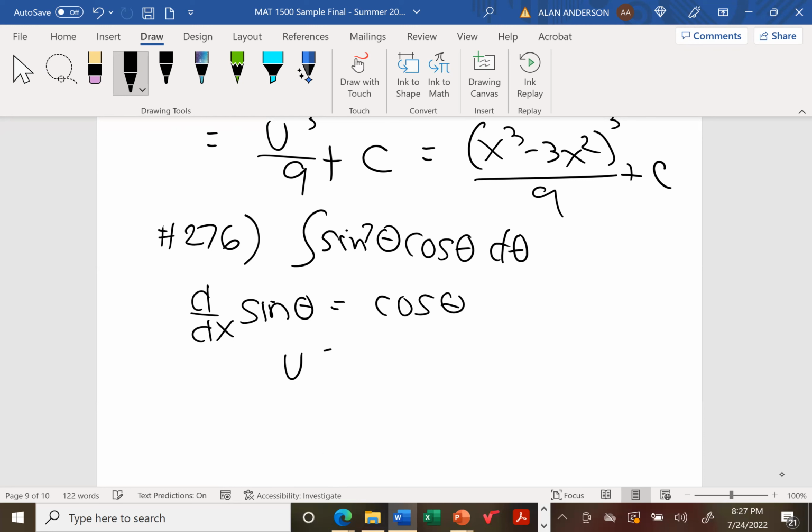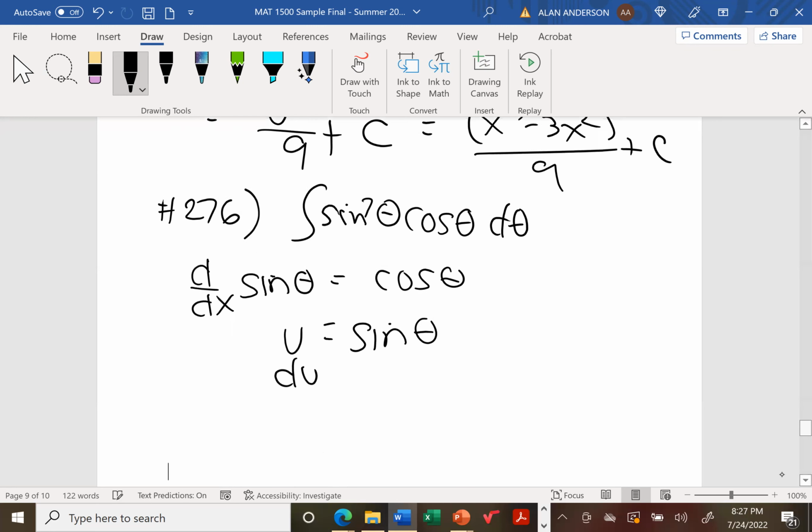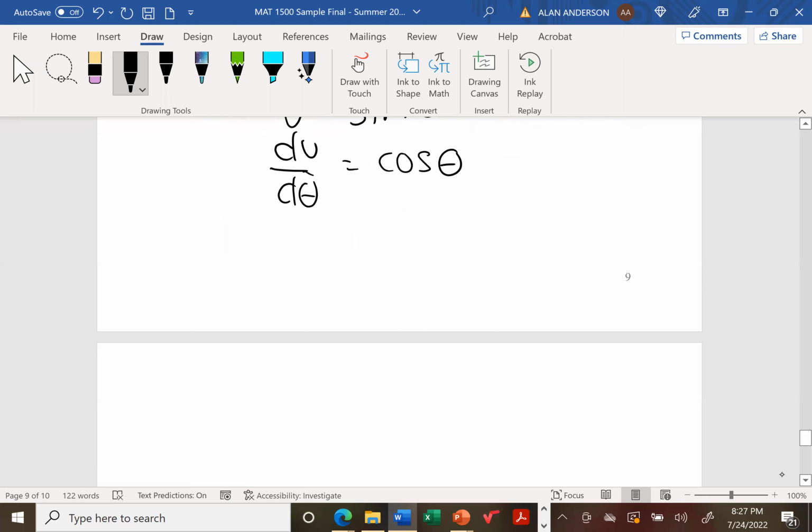So let's try u equals sine theta, then du/dx. Actually, it's du/d theta. Oh, I just realized I did the same thing here. It's so easy because you're so used to x's. But with trigonometry, we often end up with thetas. And so that implies that du is cosine theta d theta.